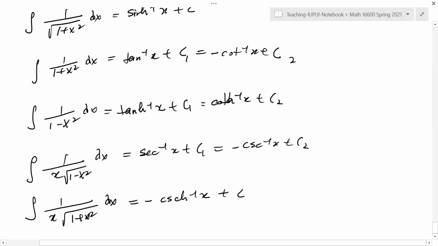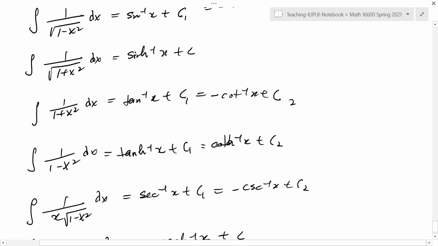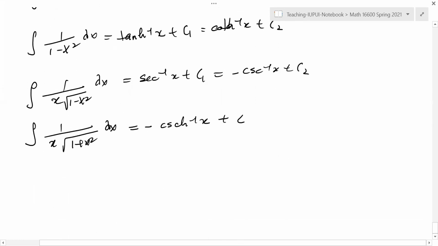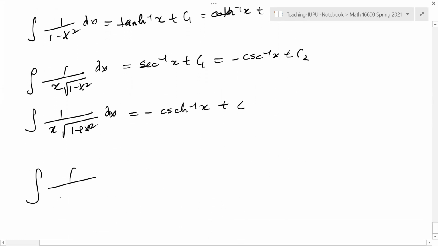What else we should know? Inside the radicals, you have to have x squared minus 1, not only just x squared. So all the possible cases. Inside here it's the square root of x squared minus 1, so this one is just the inverse hyperbolic cosine x.